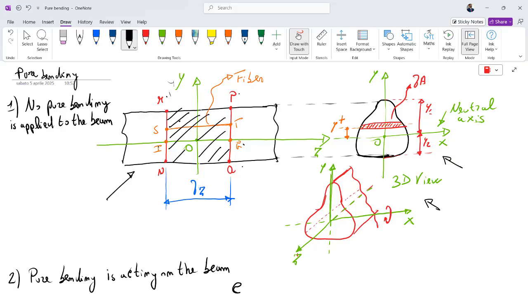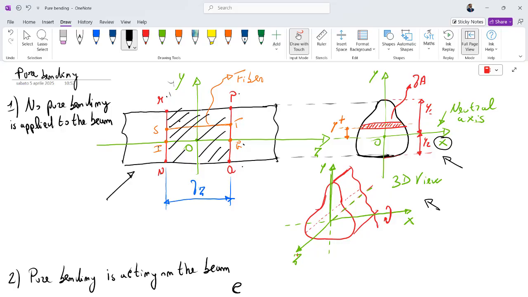P-G-Q. The Y and Z axes are the axes of this beam, clearly, but Y is the vertical axis and is also the symmetrical axis of this beam. Instead, the X axis is our neutral axis of the beam.